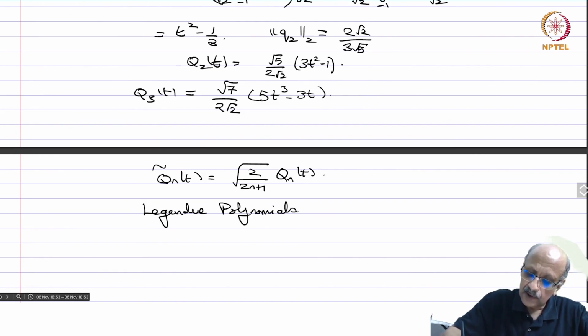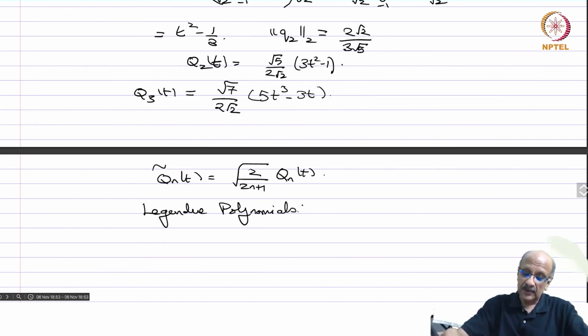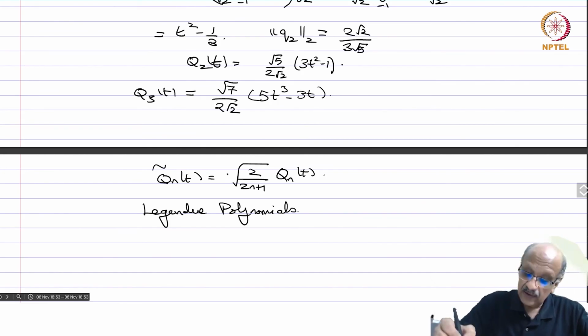The Legendre polynomials are very famous in applied mathematics, and also in numerical analysis. These are orthogonal polynomials. They also come from differential equations you might have studied, and these are nothing but what you get when you take 1, t, t square, etc., and apply the Gram-Schmidt orthogonalization in L2 of [-1, 1], and then you get them with the scaling factor in the front. So that is the example of this.